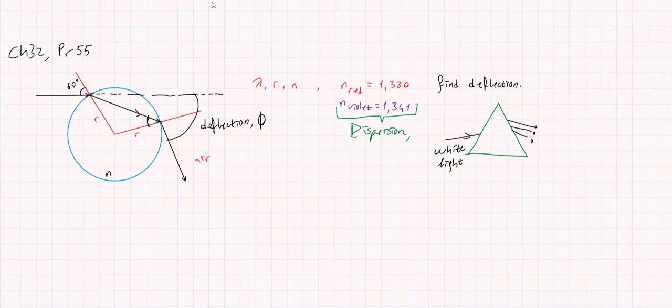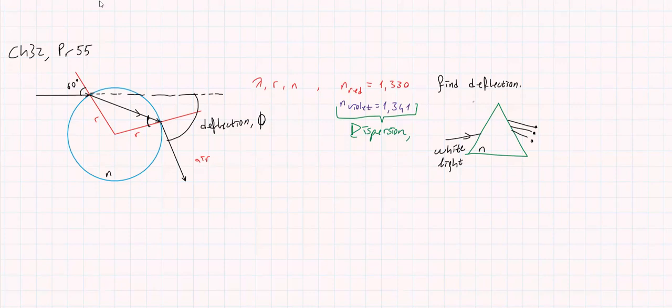The reason behind this is that each component wavelength will experience a different refractive index for the same material. I mean, we think that the same material would have the same refractive index, but for each wavelength, it will have a different refractive index. This is what dispersion is.